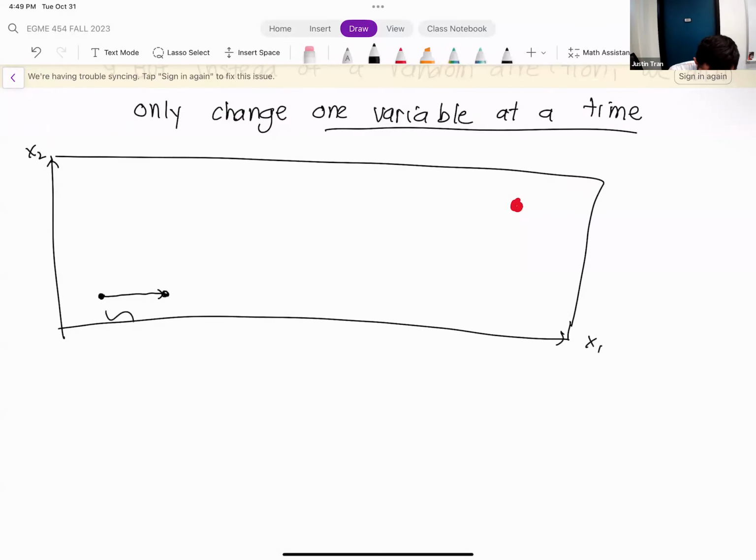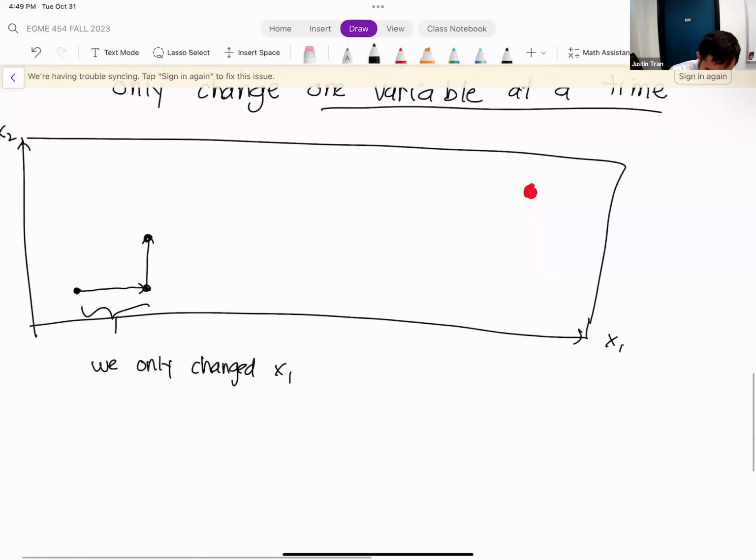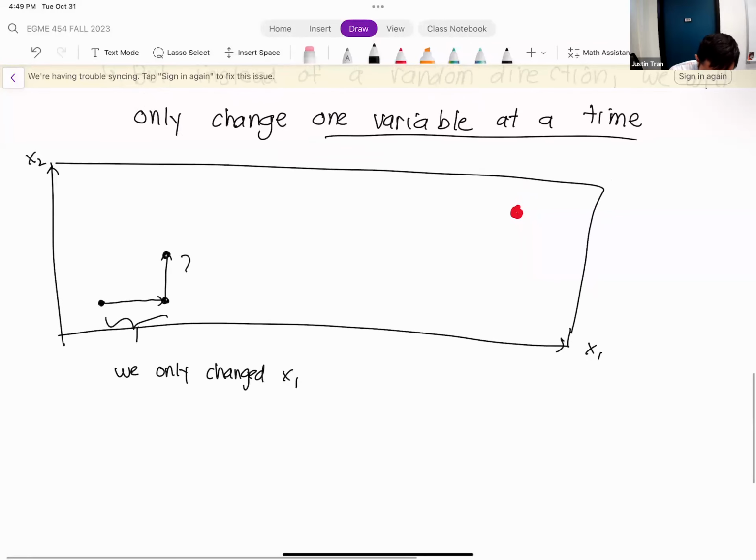And so in this step right here, we only change x1. After we change x1, we're going to make a change in x2. A change in x2 is going to be a vertical step. And we're just going to keep repeating this.